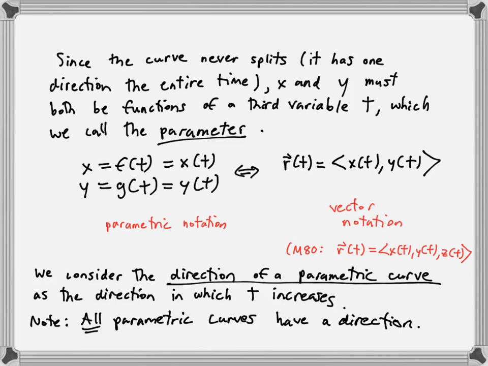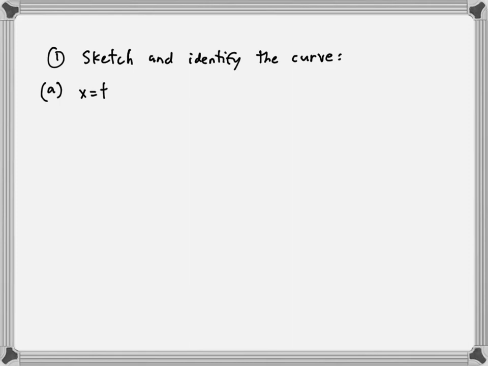So let me give you guys an example. So we're going to sketch and identify the curve. So first, x equals t squared minus 2t, and y equals t plus 1.